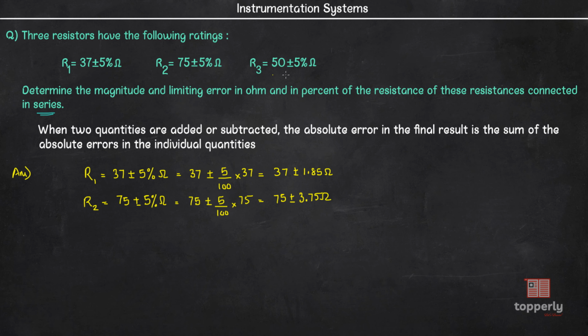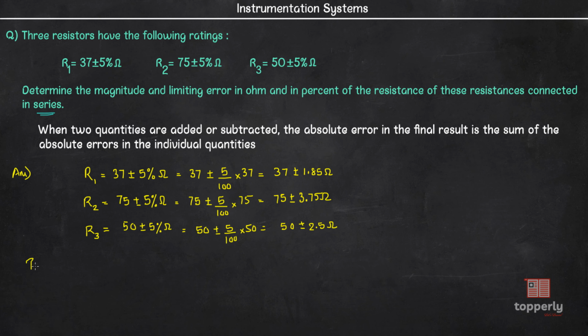Similarly, we have R3. R3 is equal to 50 plus or minus 5% ohm, which is 50 plus or minus 5 by 100 into 50, which is equal to 50 plus or minus 2.5 ohm. So here the 1.85, 3.75 and 2.5 are all in absolute error formats. Now R1, R2 and R3 are connected in series.